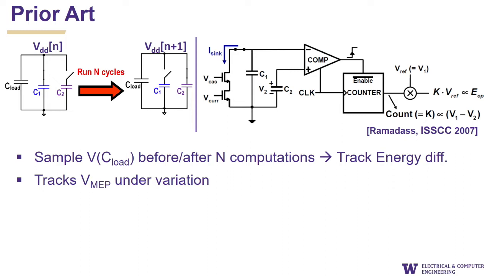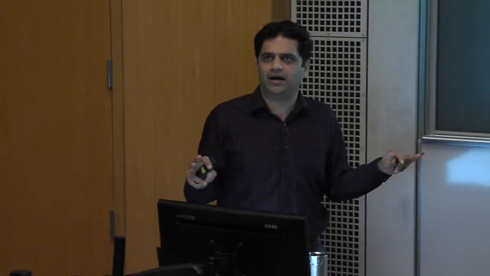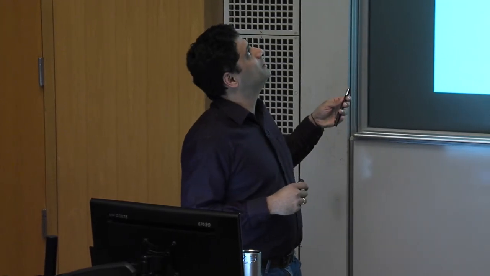There has been prior literature in minimum energy tracking, and it's really the only one that I'm aware of, by Yogesh Ramdas about 10 years ago. And the problem that they were trying to solve at that point was purely minimum energy tracking. And the idea was, well, let's take a whole bunch of energy, put it on a capacitor, and sample that voltage. Having that capacitor now power my entire system with no other sources, just my capacitor.